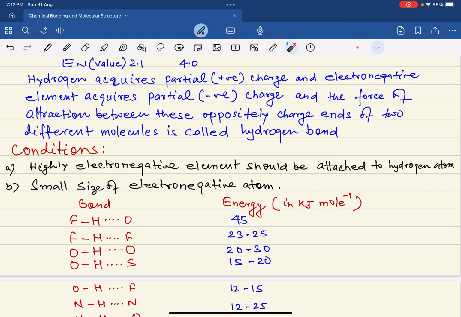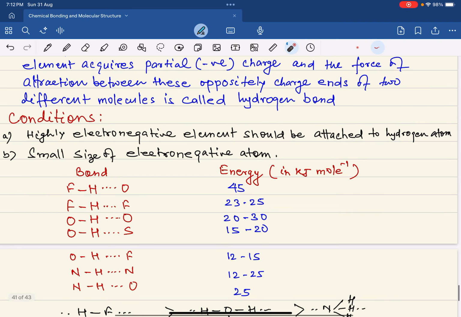In case of HF molecule, hydrogen and fluorine have a covalent bond and oxygen has a hydrogen bond with hydrogen. In the second case, hydrogen bond of hydrogen with fluorine, with oxygen, with sulfur. So hydrogen bond strength depends upon the electronegativity.